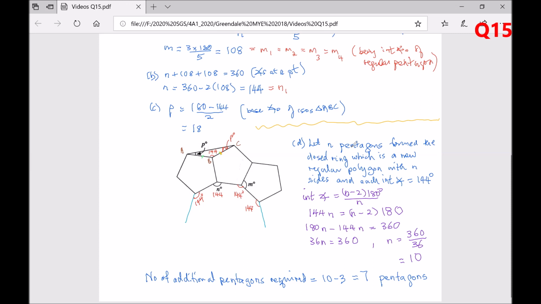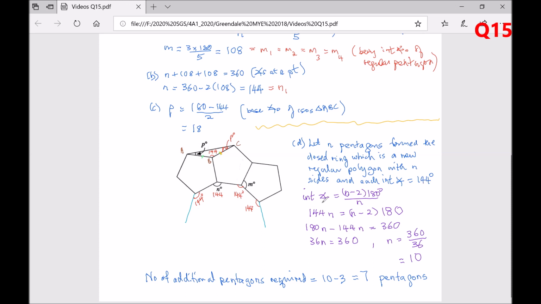So let n pentagons form this closed ring, which is the new regular polygon with n sides. And each interior angle of this new polygon is 144 degrees.